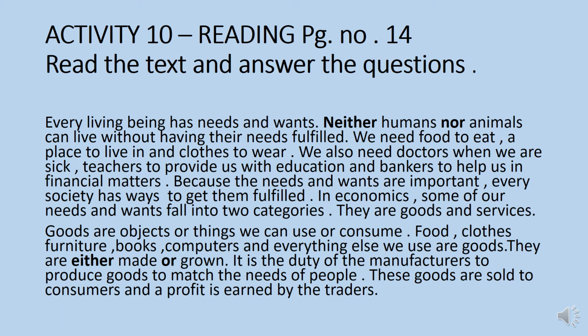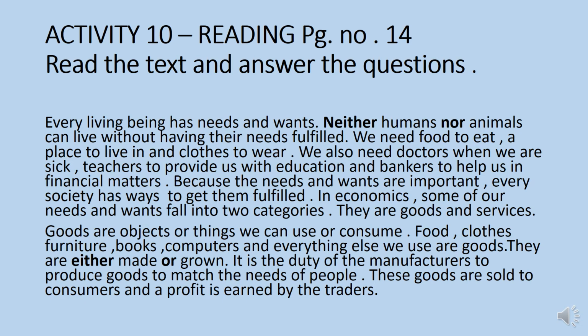financial matters. Because the needs and wants are important, every society wants to get them fulfilled. In economics, some of our needs and wants fall into two categories. They are goods and services. Goods are objects or things we use or consume.